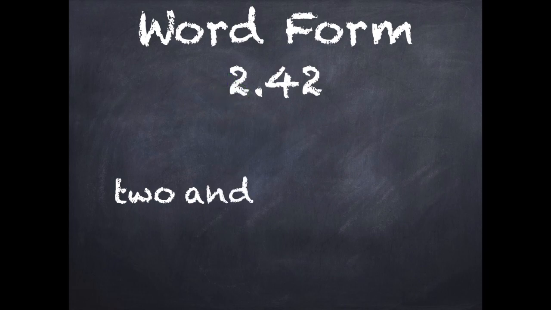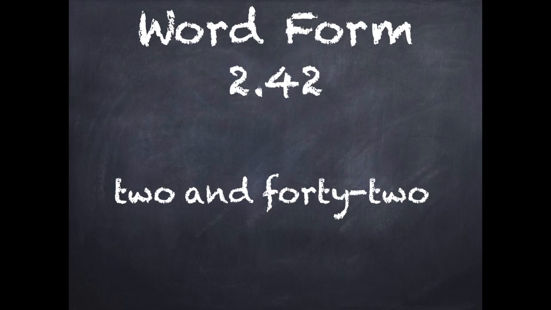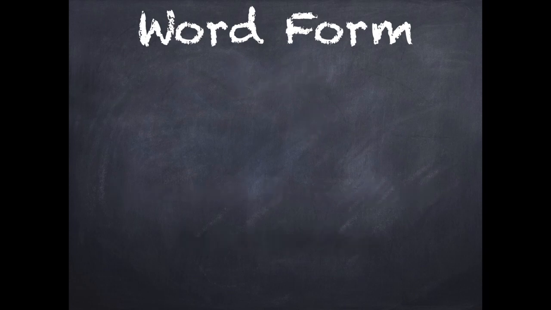And then we read what's on the other side of the decimal point, on the decimal side. That number is 42. So we would write 42. And then to end, we end with the name of the place that the number ends in. So in this case, that's the hundredths place. It would go tenths and then hundredths. So this is 2 and 42 hundredths.